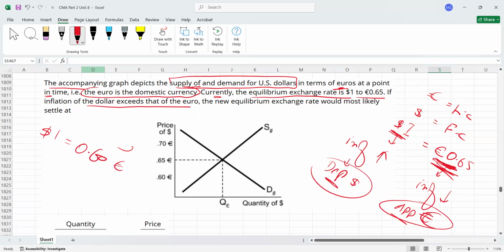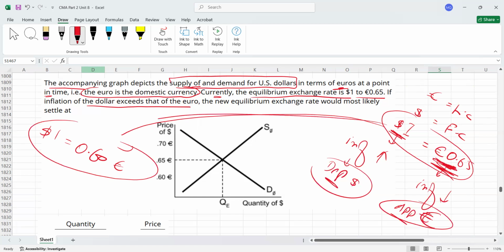If you compare these two rates, the dollar has depreciated and the euro has appreciated. Why? Because previously you were paying 0.65 euro to get $1, and now you are giving only 0.60 euro. Previously 65, now you are giving only 60 and getting $1. It means the euro has appreciated.